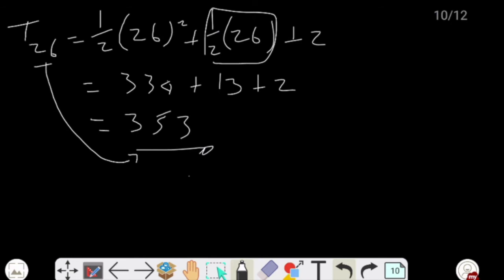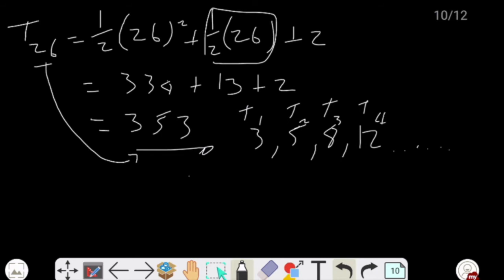Remember our first terms were 3, 5, 8, and 12. This is T1, T2, T3, T4, and you go on and on up until T26. Your value for T26 will be 353.